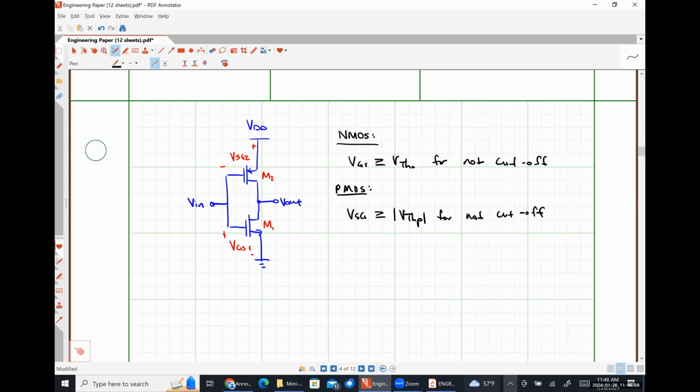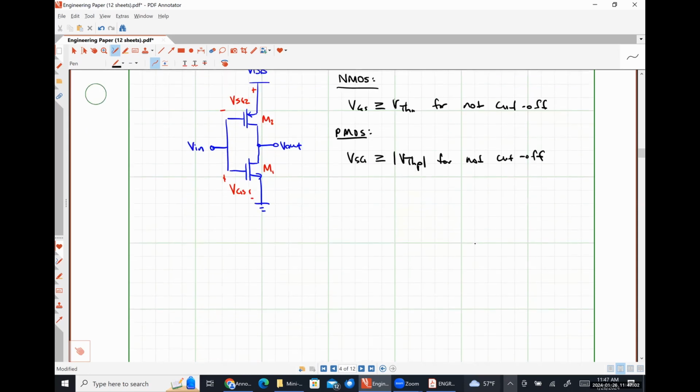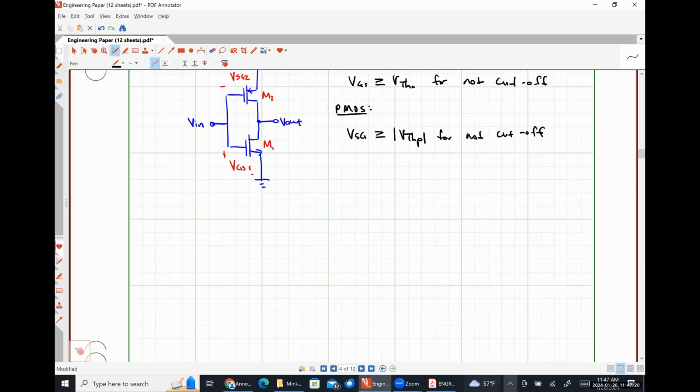So the channel being there or not being there is whether or not we are in cutoff or not cutoff, right? So if the channel isn't there because we don't have strong inversion, we are in cutoff mode. If the channel is there because we have strong inversion, meaning our gate source voltage is greater than our threshold voltage, then the channel is there.